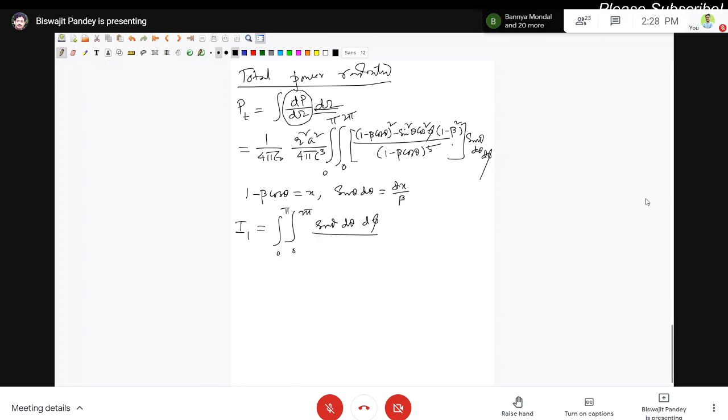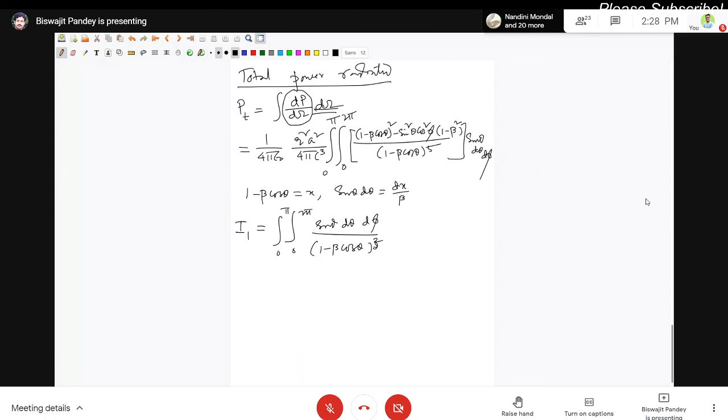In this case, one will be similar, and another will have some difference. So sine theta d theta d phi over 1 minus beta cos theta whole to the power 5, right? That was this one, right? Because this is cube, the first term, because this one and this one cancel out.